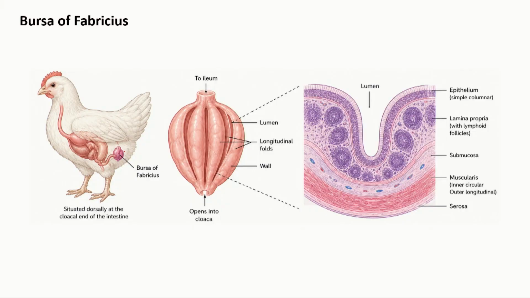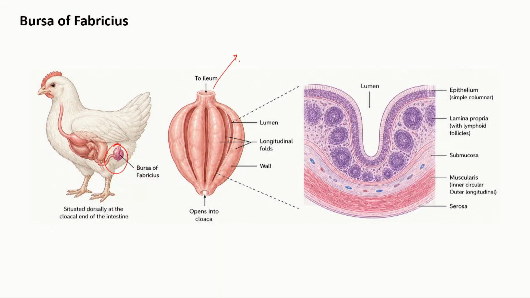The Bursa of Fabricius is a very specific organ located on the dorsal side at the end of the alimentary canal. It is a very unique lymphoid organ in chickens. It is the site of B cell production, connected on one side to the ileum, the intestinal part, and on the other side to the outside opening, which is the cloaca.